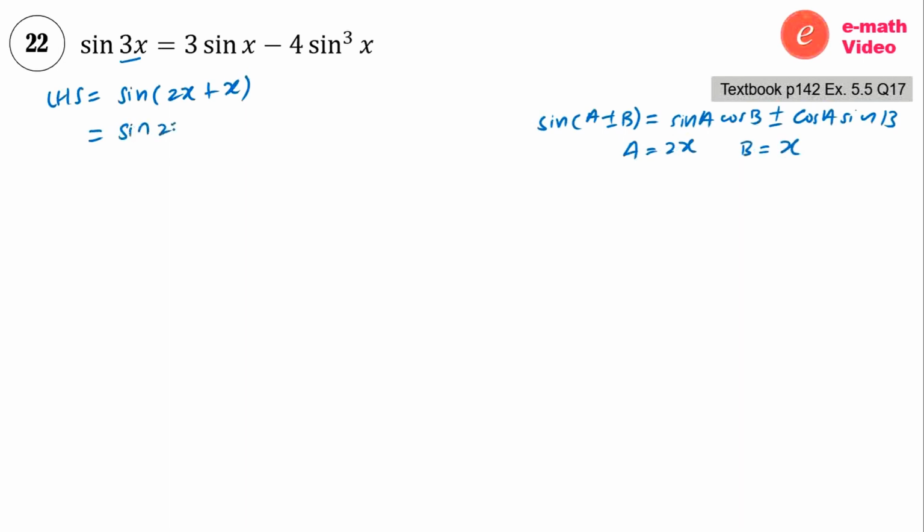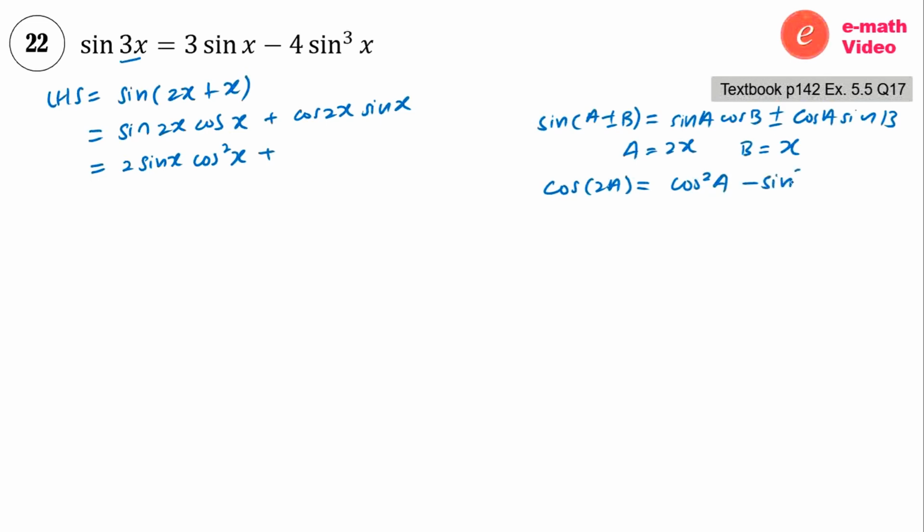Sin 2x cos x plus cos 2x sin x equals to, we use the double angle formula. 2 sin x cos x times cos x becomes cos square x, plus, okay, again for cos 2a, we have three formulas. Cos square a minus sin square a, or 2 cos square a minus 1, or 1 minus 2 sin square a. Which one should we use?